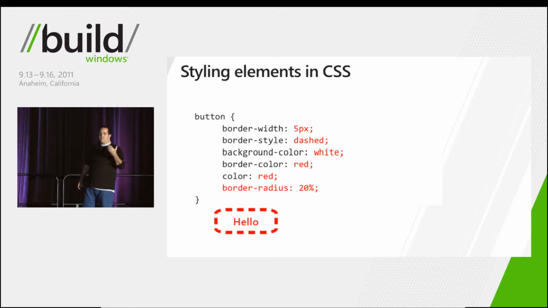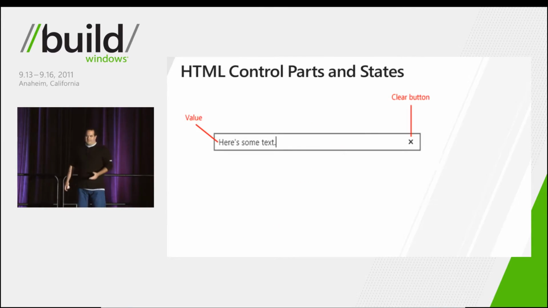If I want to do something more complicated, though, like say a control, then I need to use CSS parts. And what I mean by that is this is an example of a text input control. It has a border, but it also has other parts that I can target. It has a value section, and it has a clear button. And there's a concept of CSS pseudo elements.